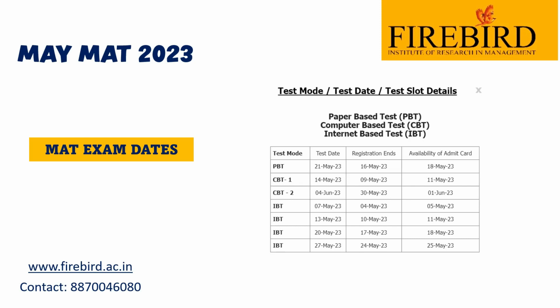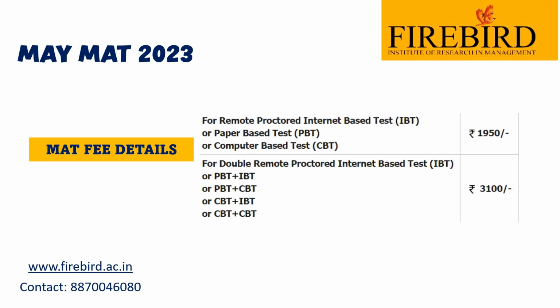Next, the basic fee structure for the MAT 2023 application. If you opt for any one test mode, either PBT, CBT or IBT, your test fee is around 1,950. You can also take 2 tests at a time. That is, you can book PBT and IBT, PBT and CBT, CBT and IBT, and 2 CBTs also.